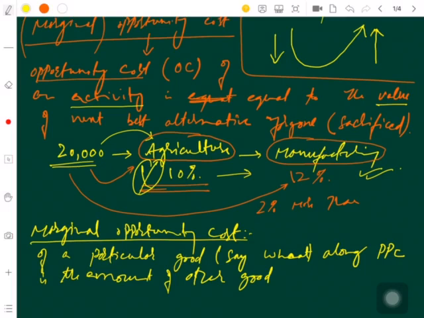In this case, manufacturing is other good or agriculture is other good, vice versa.